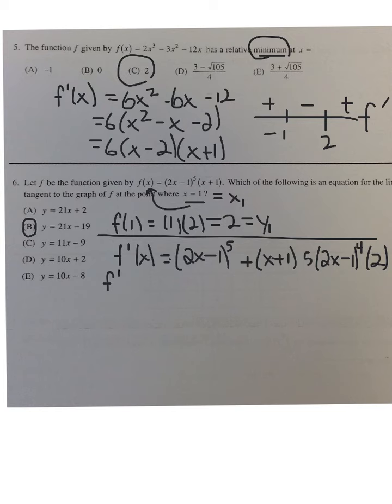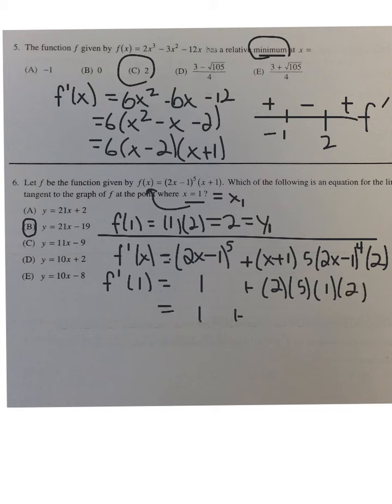And then here, really all I'm doing is plugging in. You can simplify it, but it's really not necessary because you're going to plug in an x value of 1. So in that first parentheses, I am going to get 1 plus 2, and that 2 is going to get multiplied by that 5, and then times 1, and then times 2.